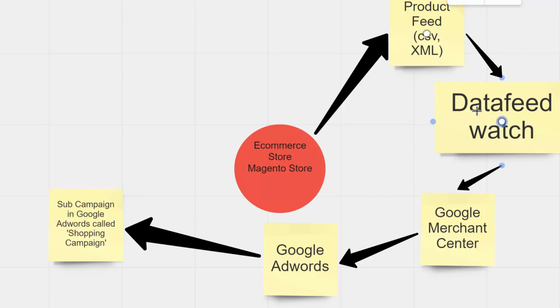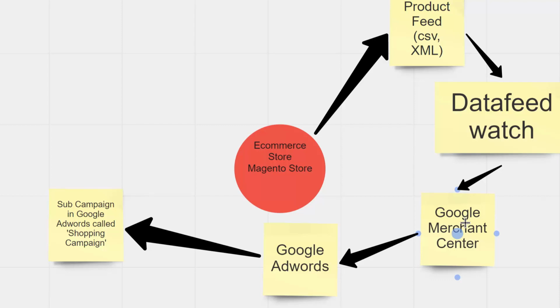I can also put rules in there, optimize titles and descriptions. I can really do a lot more to make sure that what's going into the Merchant Center is optimized for Google Shopping.